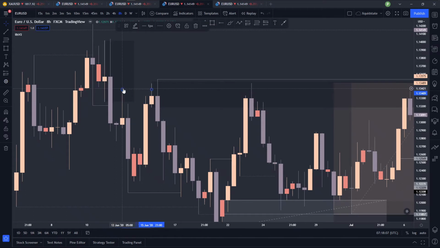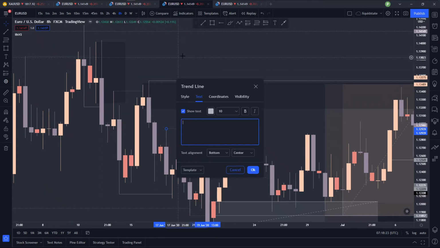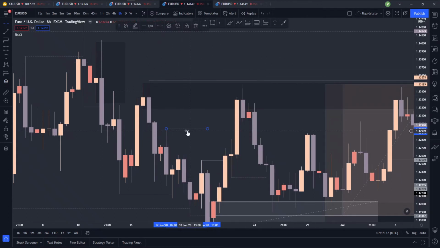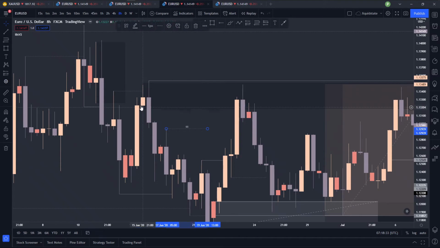It became an inducement here, creating another leg of stop hunt, BMS, RTO, inducement. See how price works? It works like a clockwork. Like it does the same thing all over and over again. So you can see here why this price here is valid.